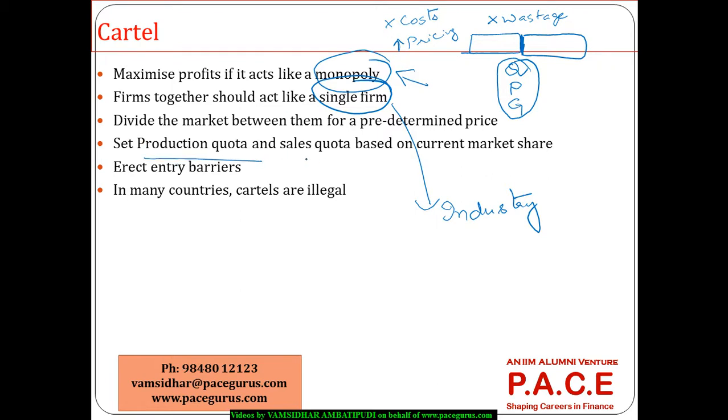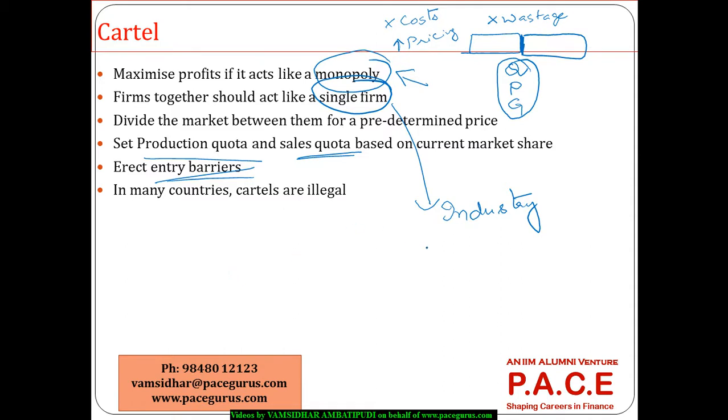So they are setting production quotas, how much they should produce. They know how much they can sell based on their market share, and they are going to produce only that much. So there is no inventory building up. Lots of costs are reduced in this kind of mechanism. So they come together, they try to explicitly create the barriers for entry. No new firm can enter into that business.